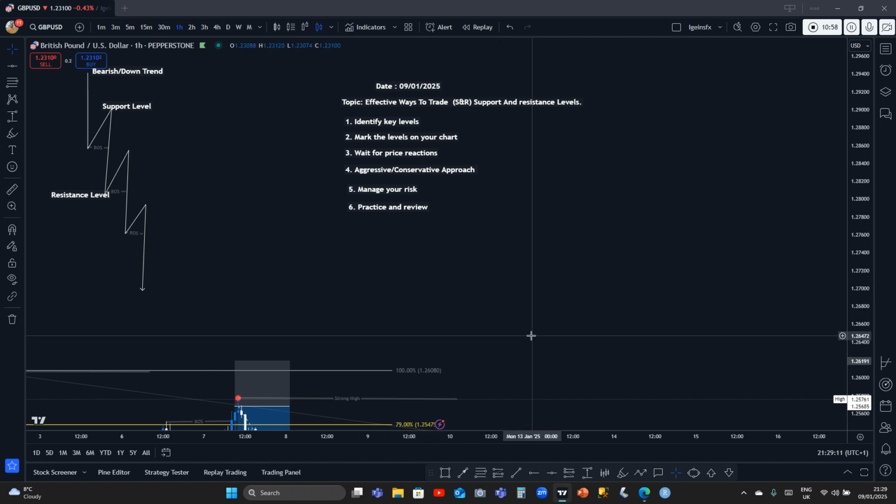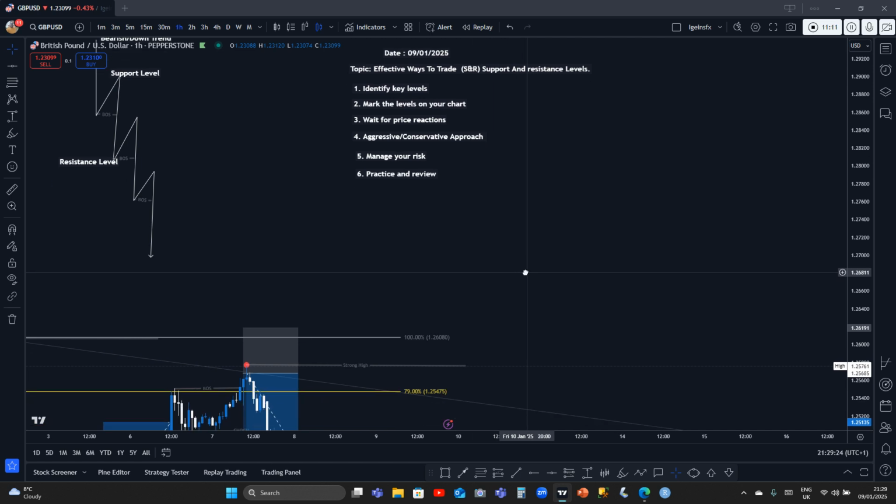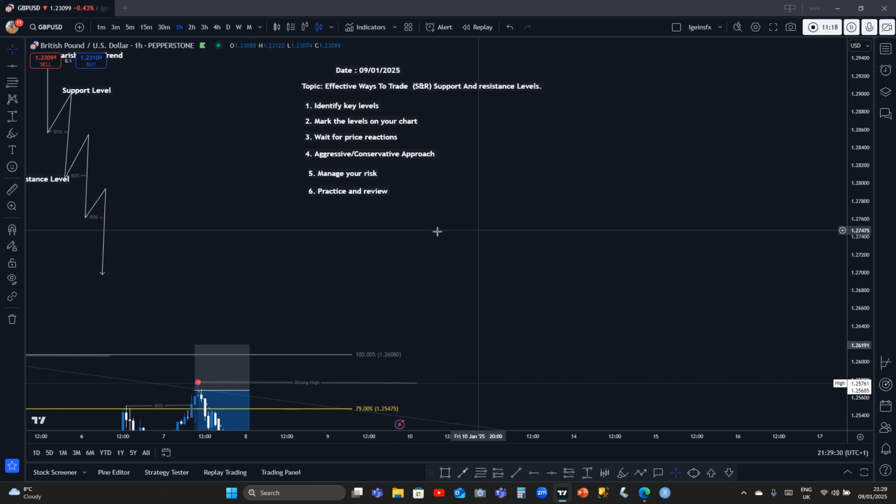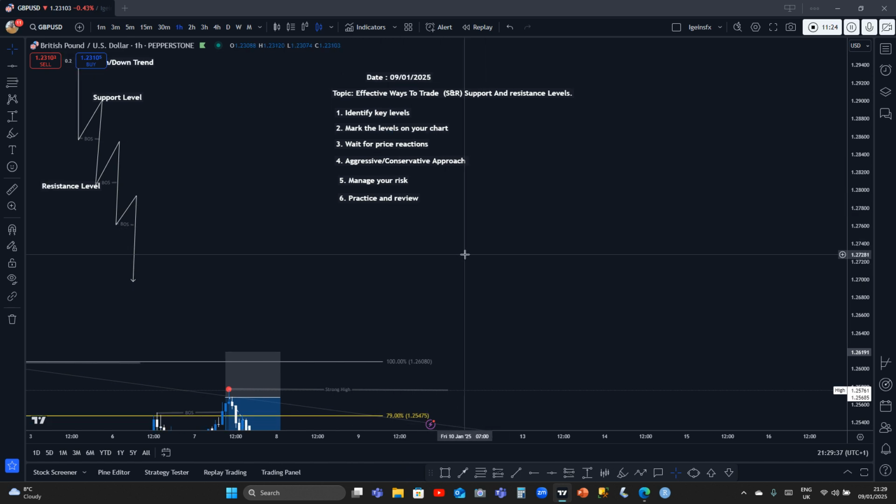Now, once you have marked the support and resistance levels out, this will make it easier for you to see when the price is approaching this level. After you have marked it, anytime price action is coming to that level, you will definitely see it on your chart. You will know that, okay, price is approaching this level.